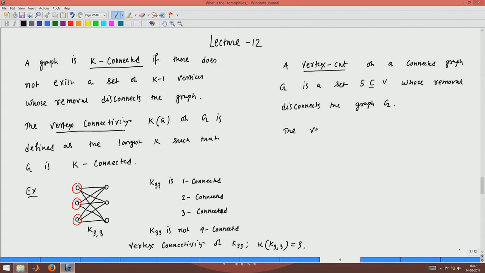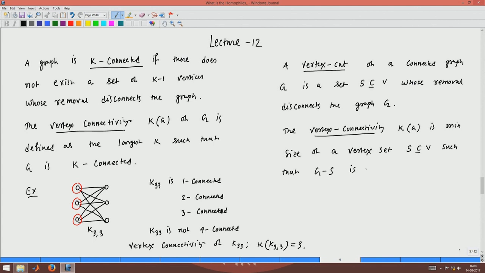The vertex connectivity chi G is the minimum size of a vertex set S belongs to V such that G minus S is disconnected or has only one vertex.